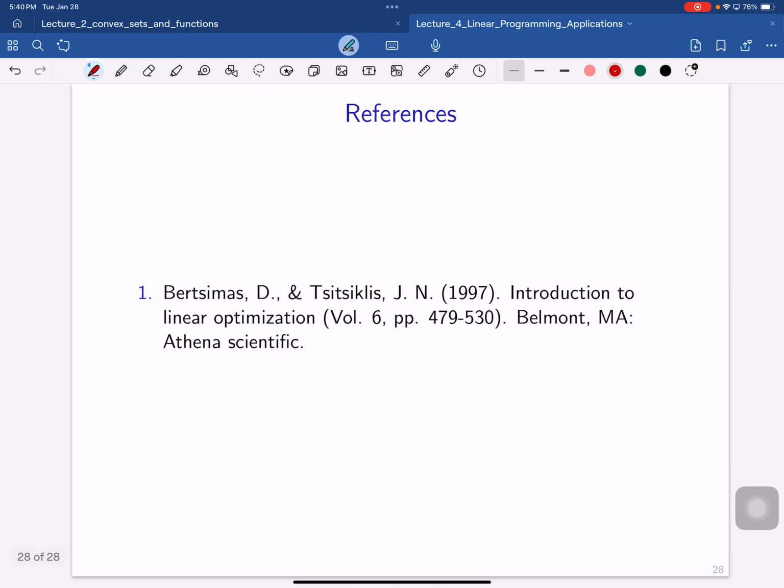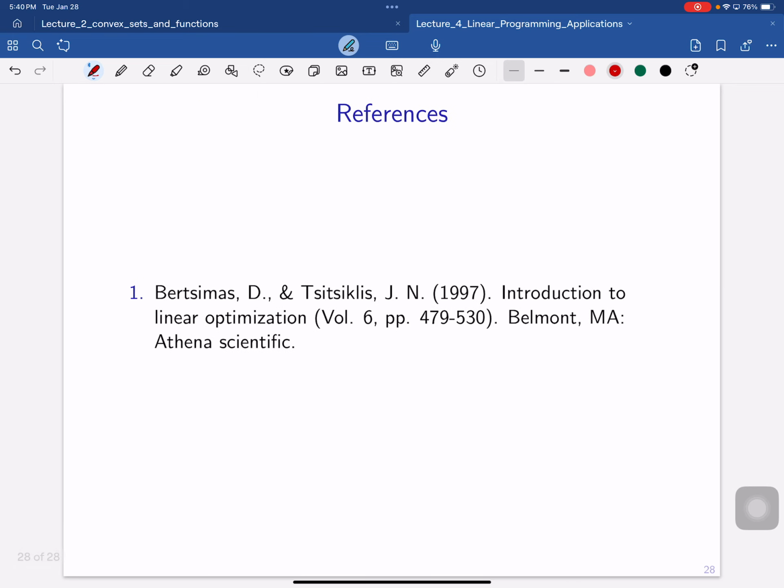That's all I want to talk about in this lecture. The most important part of this lecture is to understand the absolute value and why sometimes it can be reformulated as a linear program. The fundamental reason is some convexity property.